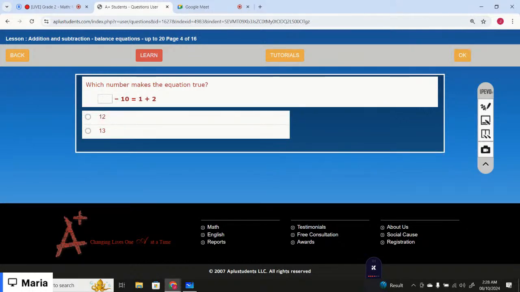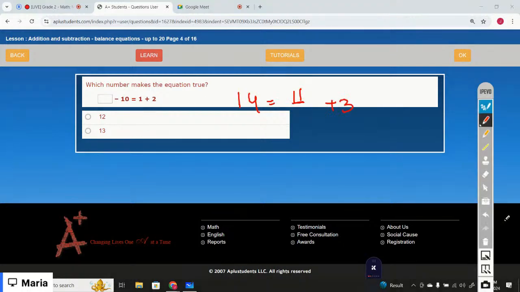Which number makes the equation true? So you need to find 1 plus 2 is 3, right? So 10 is subtracted from which number so that the answer is 3, which is the correct option?